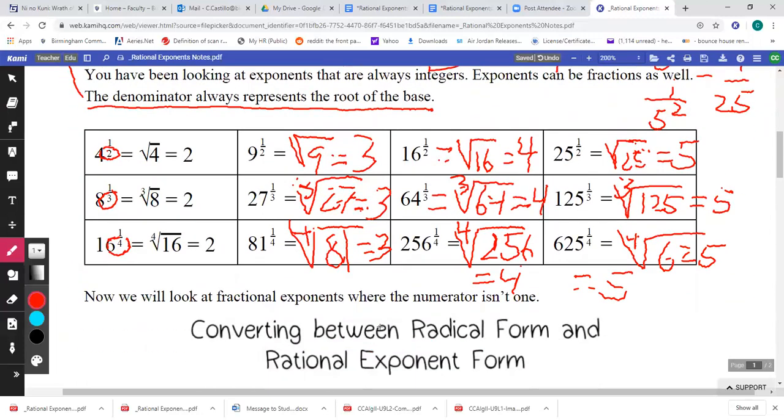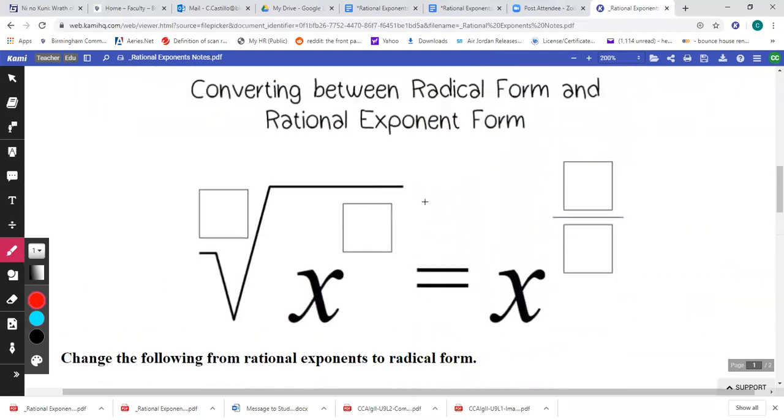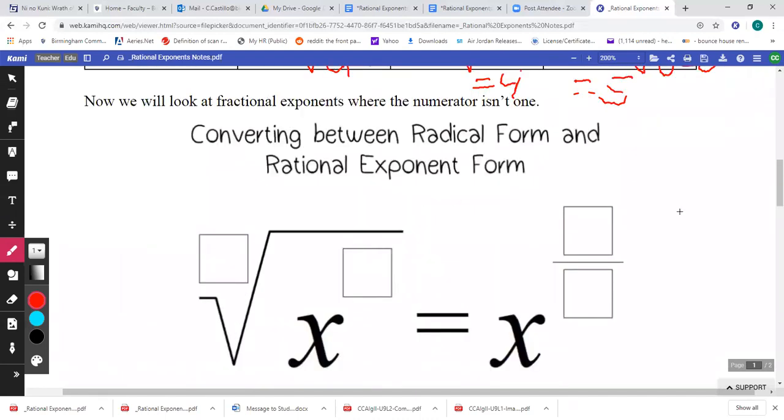Okay. Now, all of these problems here had a 1 as the numerator. But you could have other fractions where 1 is not always the numerator. So if you have this, we're going to show you that if you have a fraction as an exponent, the top is always the power, the bottom is always the root.